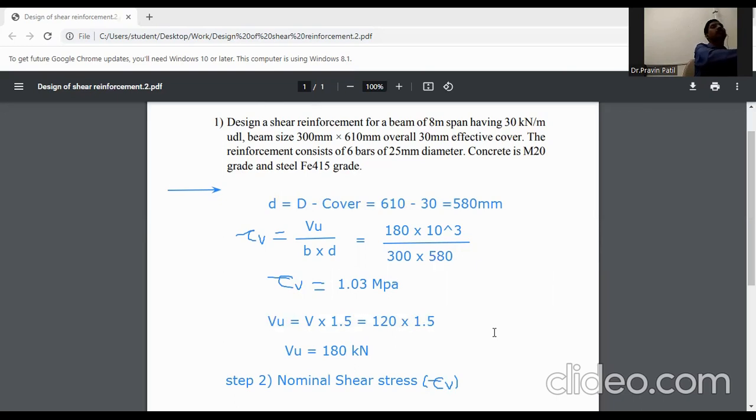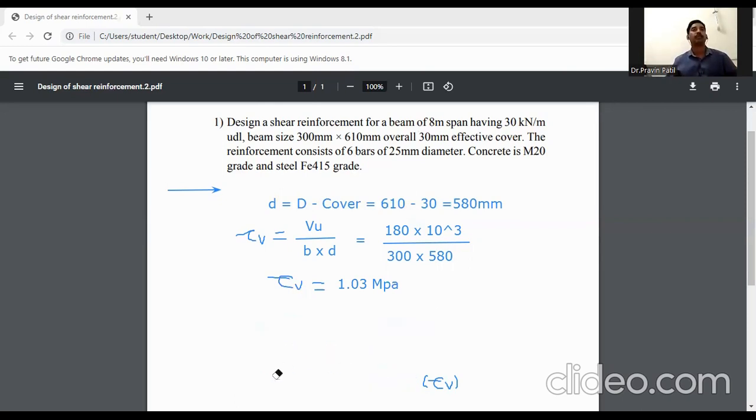Now step number 3, percentage of tension steel, that is PT.